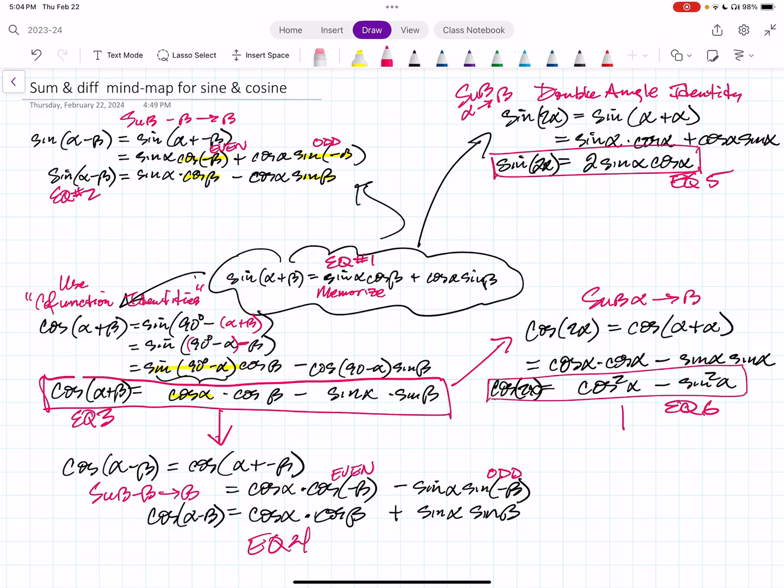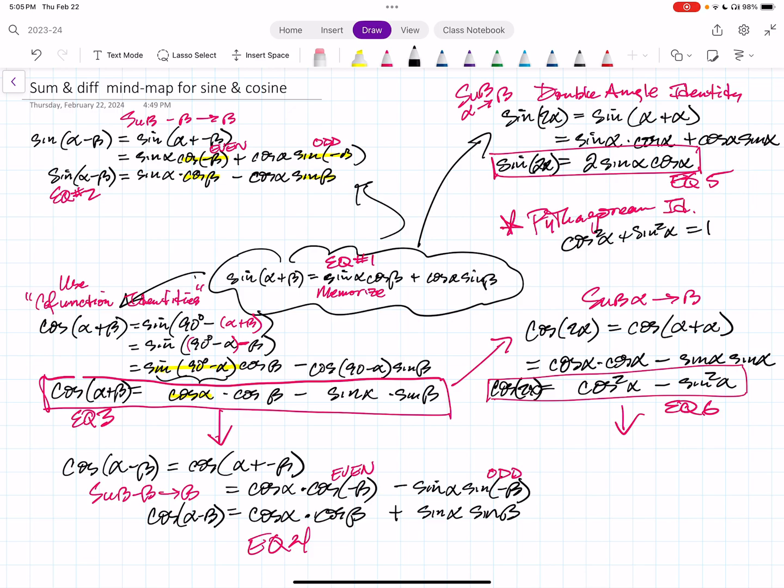Now, this gives us another one. I know that every time I see cosine squared or sine squared, that's your Pythagorean identity. Let me make a little note of that over here. The Pythagorean identity that you guys already know from the prior lessons goes: cosine squared alpha plus sine squared alpha is equal to 1.